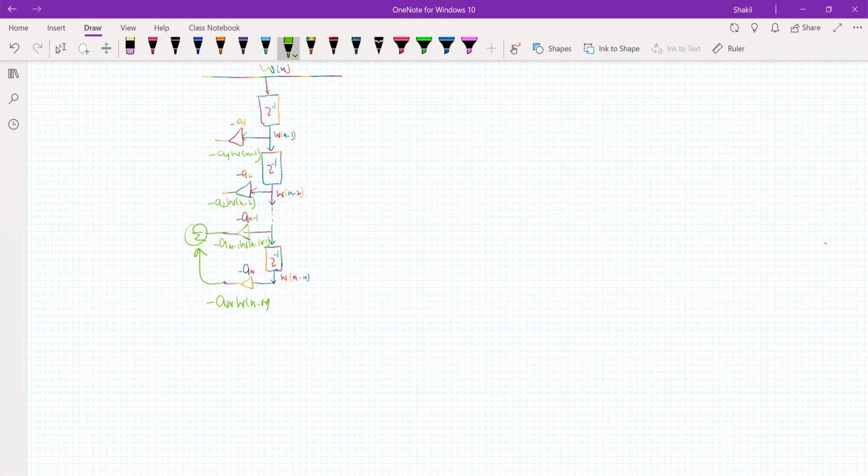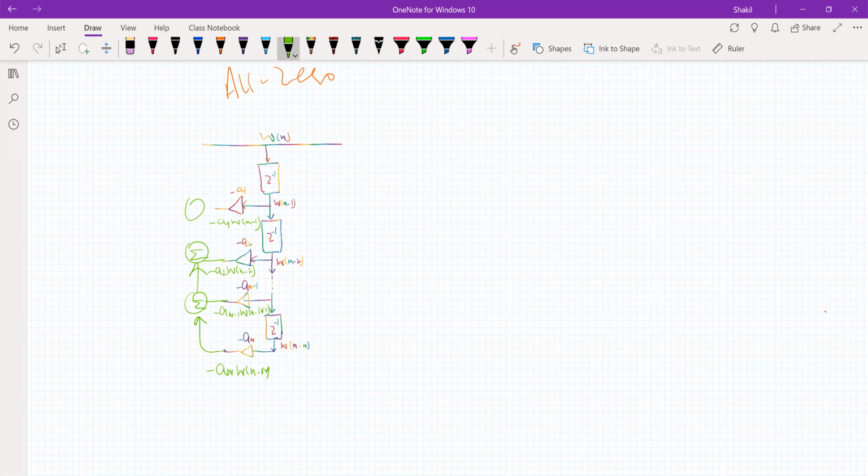Add this, and add this, and finally add this with this, and this is added to x of n. And this, now we can tap it directly here and pass it through b1, sorry, not b0, b1.